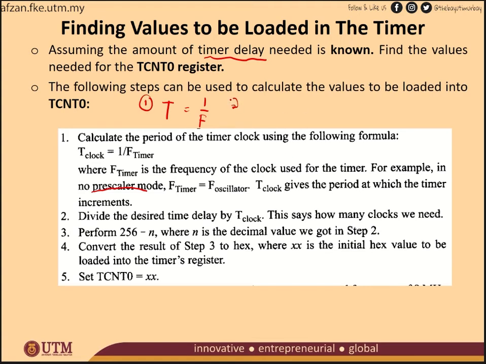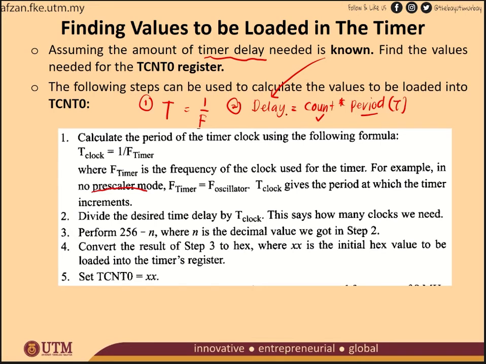The second equation is that delay equals count multiplied by period. You already know what is your T, and you already know the delay, so you need to find what is your count.